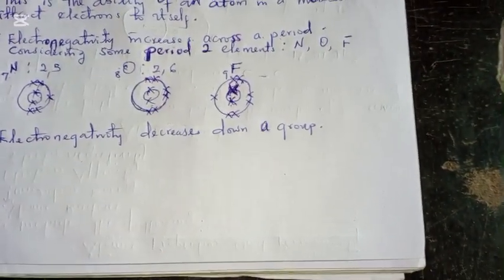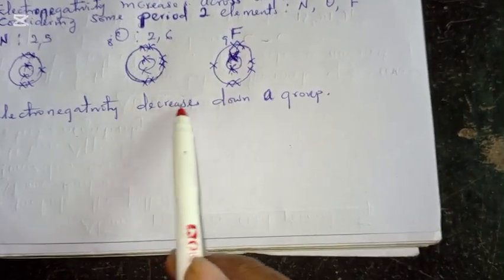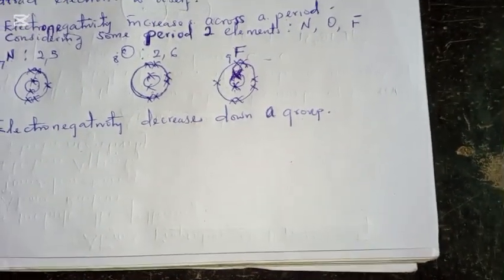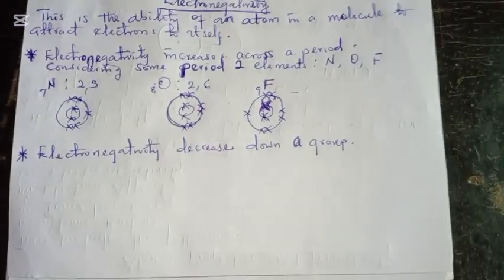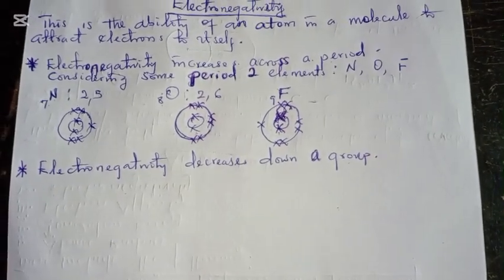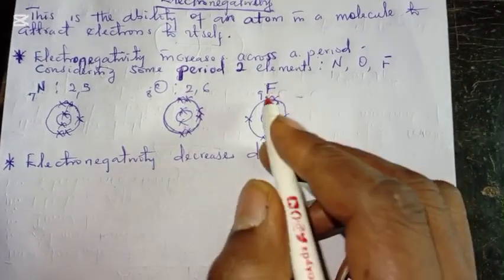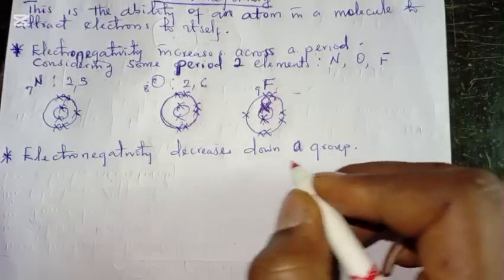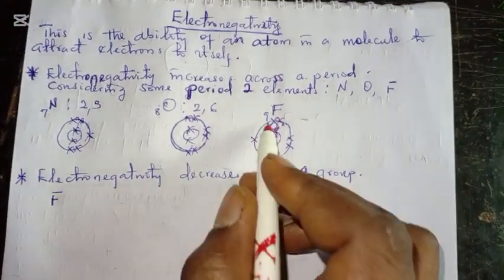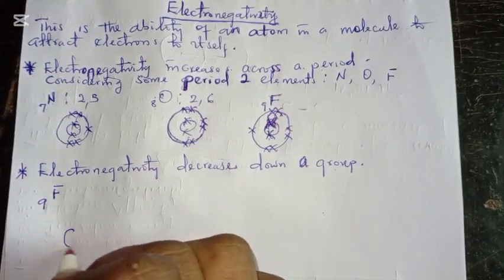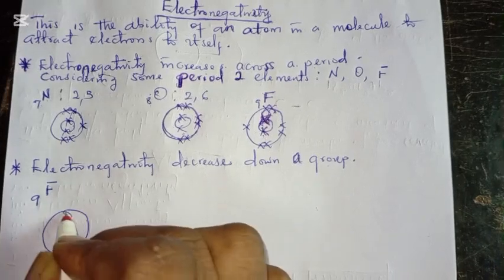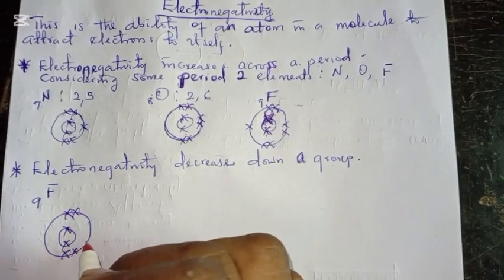But then, how can we be sure that electronegativity decreases down the group? Now, let's consider 2 elements from the halogen family, that is fluorine and chlorine. Let's consider fluorine. Fluorine has 9 electrons. So drawing the shell, we have 2, 7, as you can see presented here.